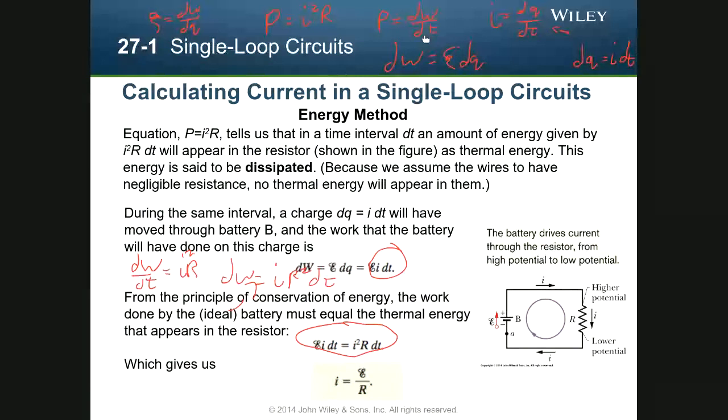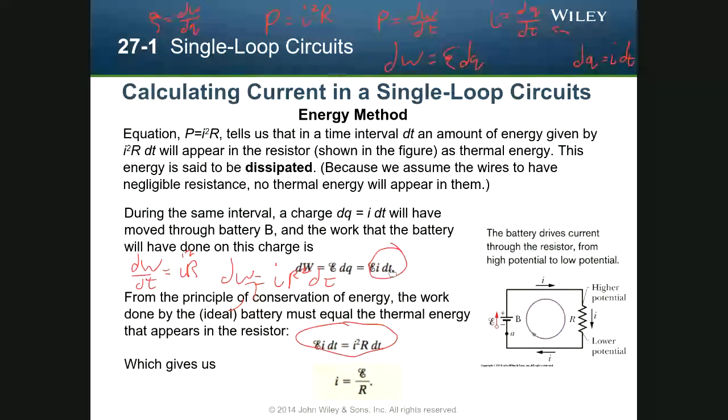We also have that the work done by pushing the charges from the electromotive force is the EMF times dq, where dq equals I dt. And so we have an expression for the work done by the electromotive force, which is equal to squiggle times I times dt.